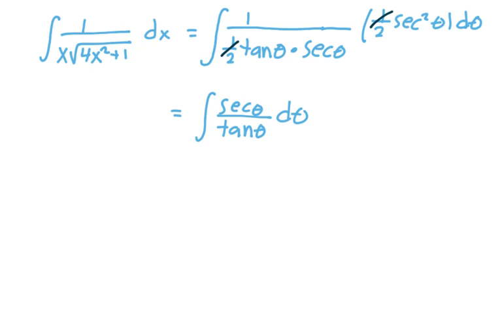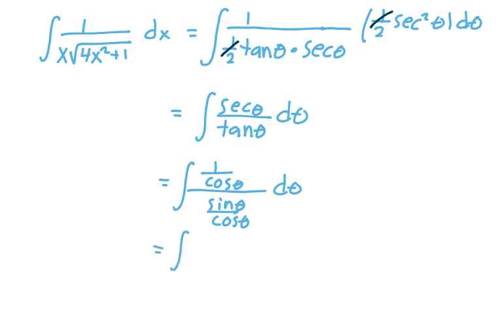Now, this can be written as the integral of 1 over cosine theta divided by sine theta over cosine theta d theta. The cosine thetas cancel, and this is the integral of 1 over sine theta d theta. But 1 over sine theta is cosecant theta. So this is the integral of cosecant theta d theta.